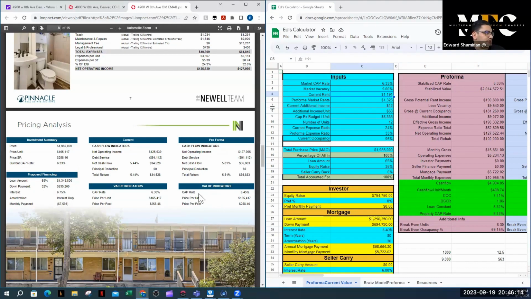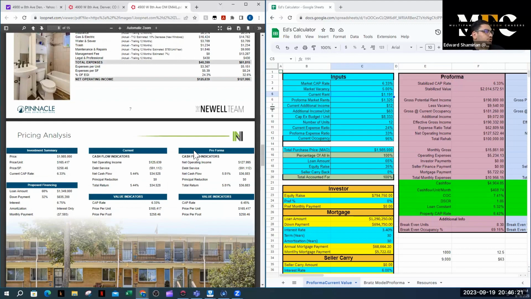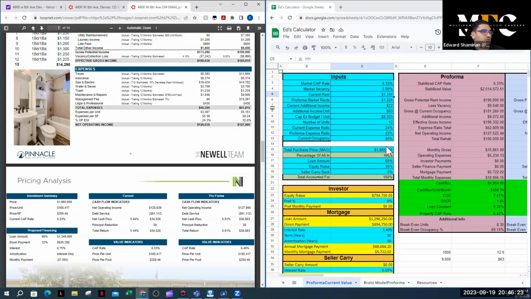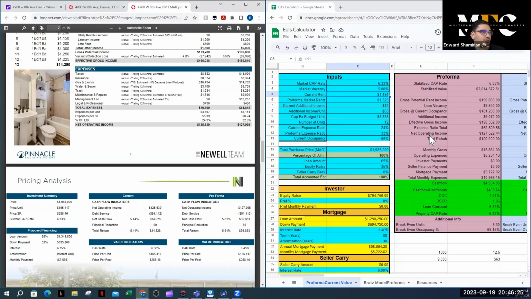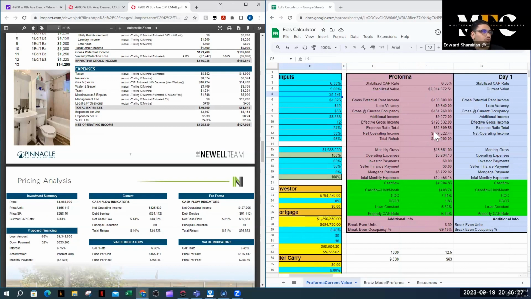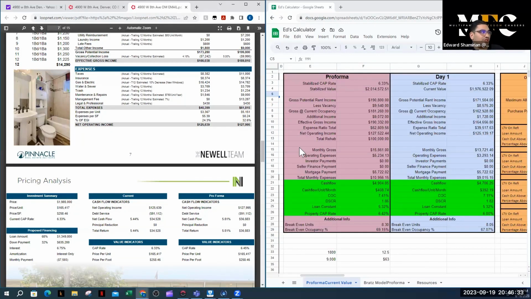Cash flow indicators, nothing crazy here. One thing I like to do as well is, one thing I like about my calculator is it shows my NOI. It's almost spot on. Again, it's never going to be perfect. I don't need it to be exact.